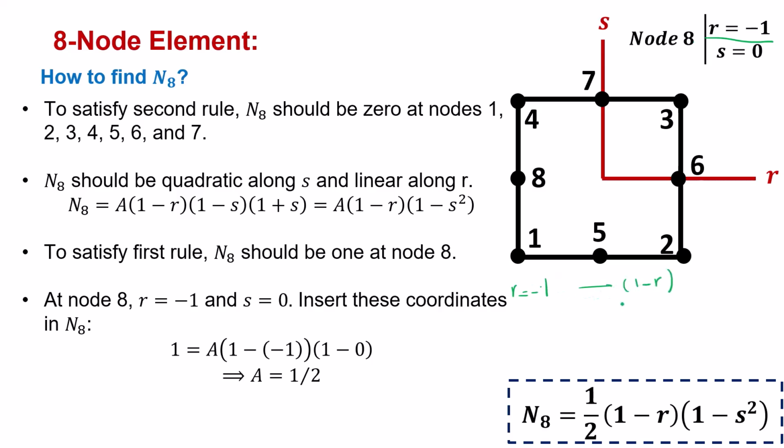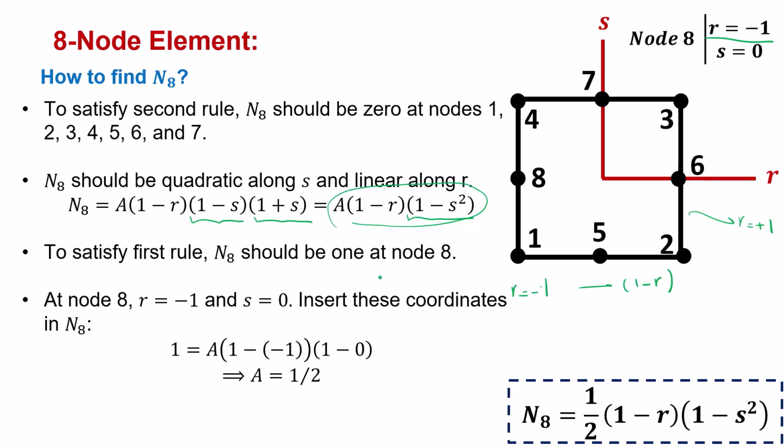This makes sure it goes to 0 on the opposite edge where r is equal to +1. Along the s direction, the edge has 3 nodes, 4, 8, and 1. So the function must be quadratic. That means we include both 1 minus s and 1 plus s, which combines to 1 minus s squared. So a good candidate would be this value.